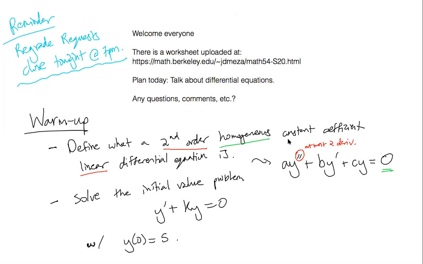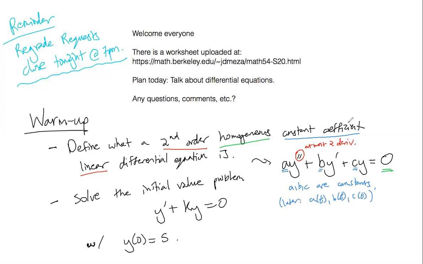Constant coefficient means that each one of these A, B, and C is a constant. Right, they're real numbers. Later they could be functions, A of t, B of t, and C of t. But for now, they're just real numbers, constants.